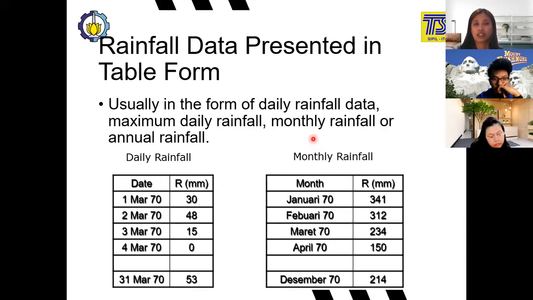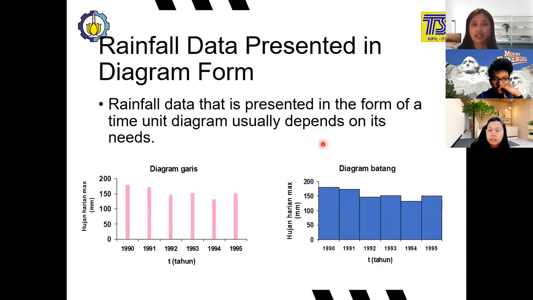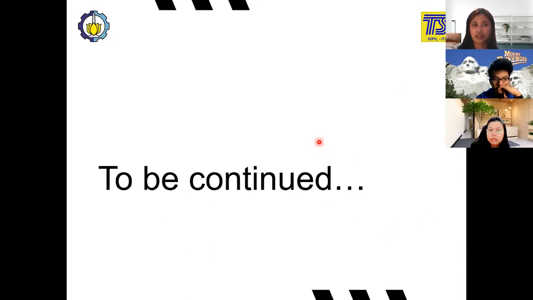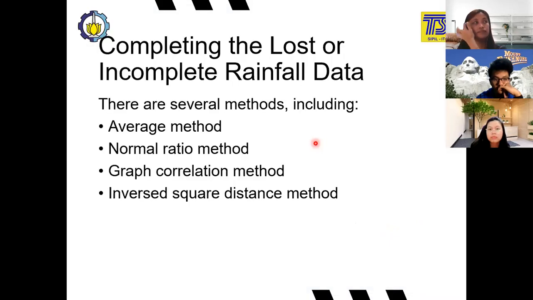It was only the data presentation and how to acquire the data, how to show the data to the audience, etc. And today we will talk about how to calculate data, and there will also be an exercise. As far as I know, usually there will be an exercise regarding the average rainfall data calculation. It is similar to the exercise from our previous meetings.